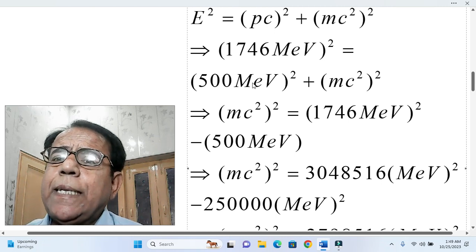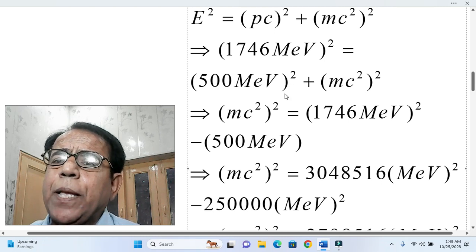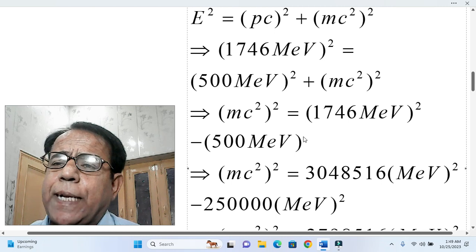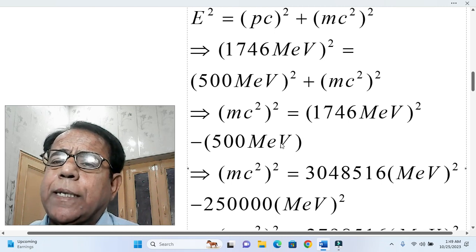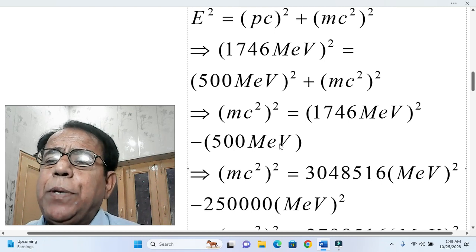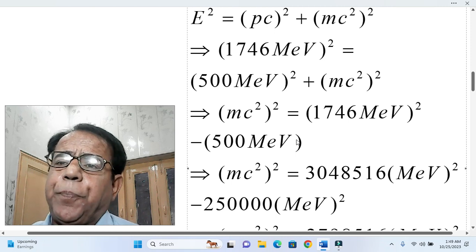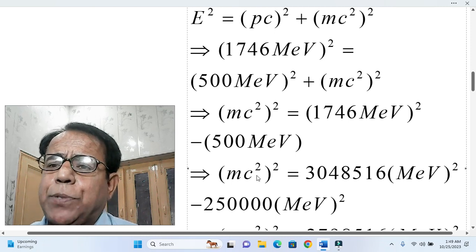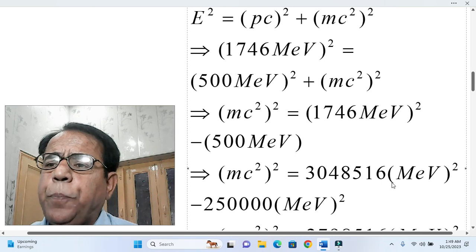In the previous step this is square, but here by mistake the square has been omitted. So it will be considered as 500 million electron volt square. So this implies that mc square whole square becomes equal to this, in million electron volt square.